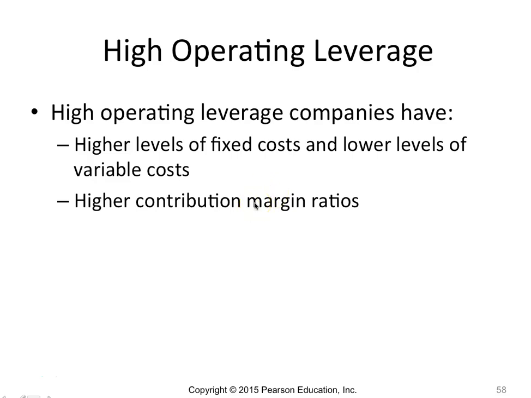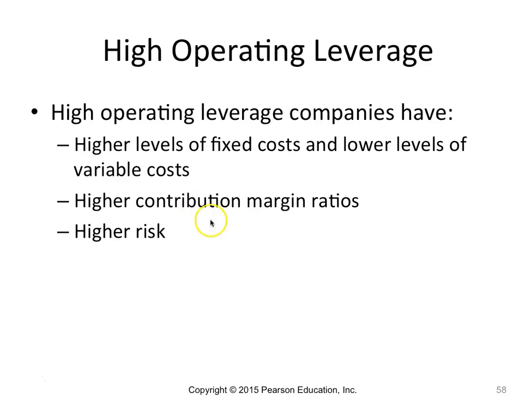Contribution ratio is the contribution margin divided by the sales. So if the variable cost is lower, that means you're going to have a higher contribution margin. The higher contribution margin means the higher ratio. So this is how we get to this conclusion.